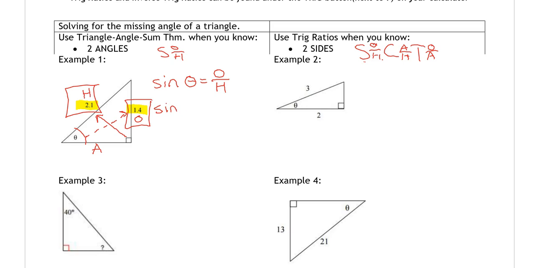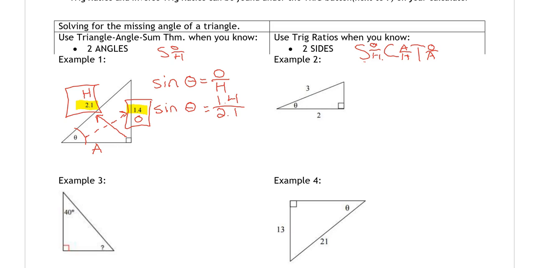Sine of theta, well, theta is just the variable, equals, my opposite side is 1.4, my hypotenuse is 2.1. Once I get here, getting theta by itself, I'm using exactly what we did up at the top.